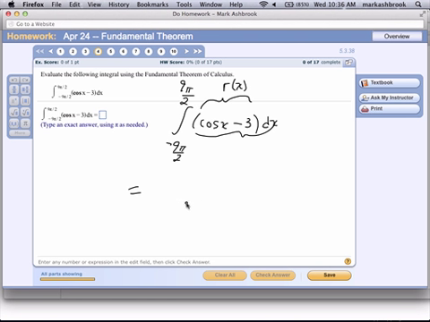Okay. So there's some function, and you're going to take it of the higher bound minus the lower bound. What function is that, Lauren? It's the antiderivative of the rate.